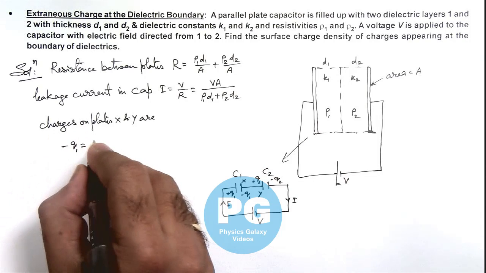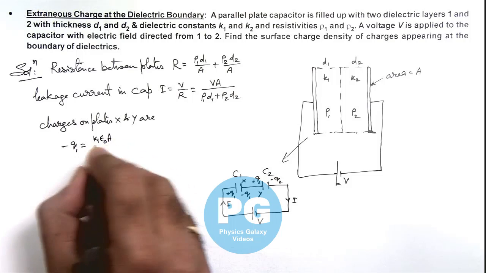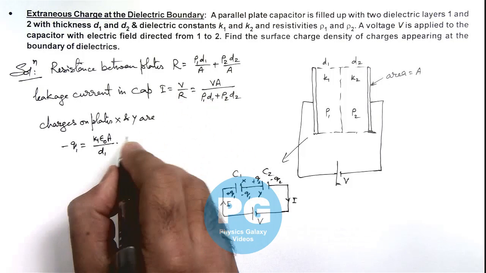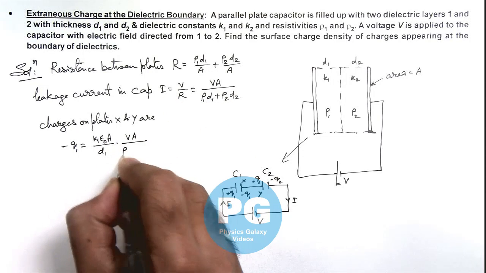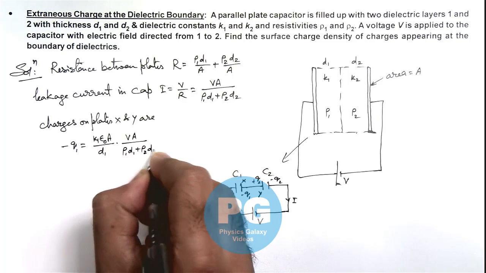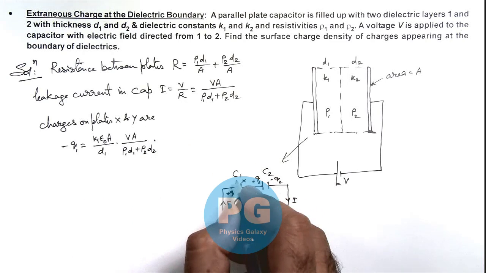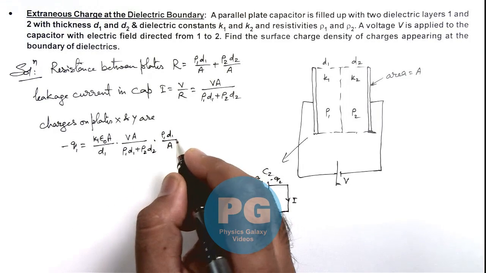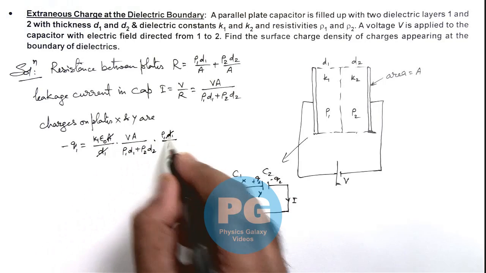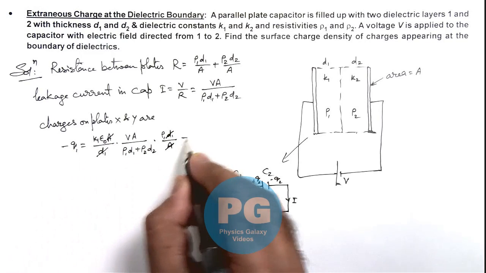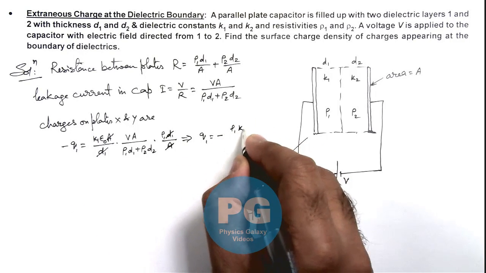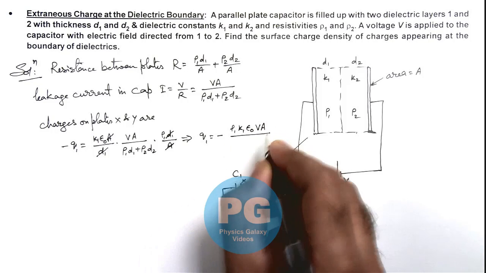The value of C1 is k1 epsilon naught A by d1, multiplied by the potential difference across it, which is IR, that is VA by ρ1 d1 plus ρ2 d2 multiplied by the resistance of this leaky capacitor, which is ρ1 d1 by A. Here d1 and A get cancelled out, and the value of Q1 we get is negative of ρ1 k1 epsilon naught VA divided by ρ1 d1 plus ρ2 d2.